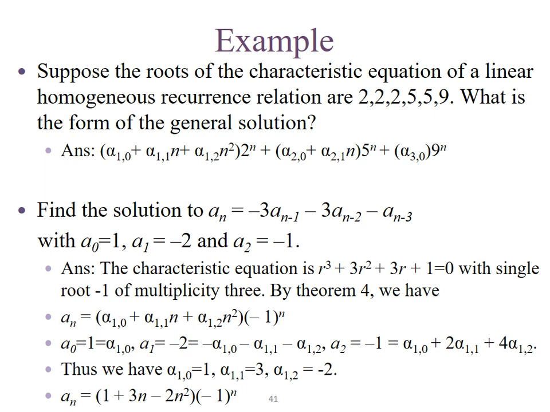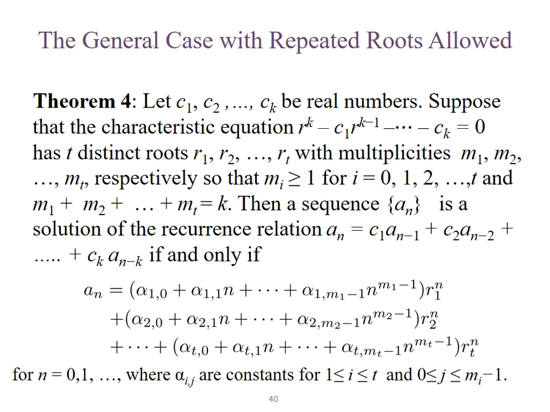Let's see this example. If we have the characteristic roots 2, 2, 2, 5, 5, 9, that means we have 3 distinct roots, and the multiplicity of each root is 3 times, 2 times, and 1 time. Maybe you can relate it to the notation here.